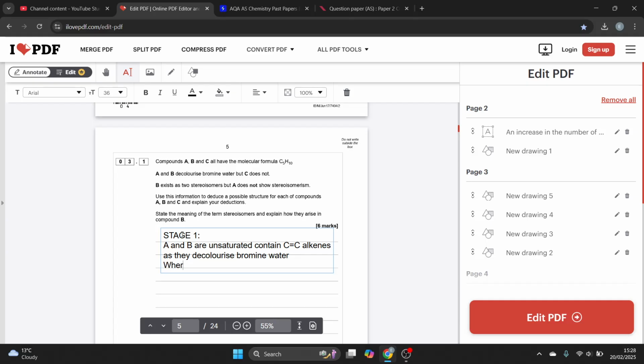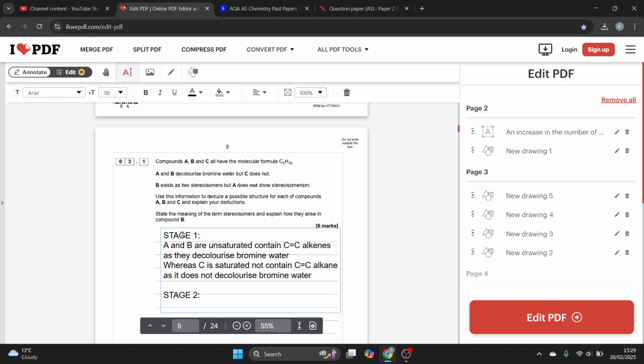Whereas C is saturated, it does not contain carbon-carbon double bonds, it's an alkane. Actually, a cycloalkane, but yeah, alkane, as it does not decolorize bromine water.